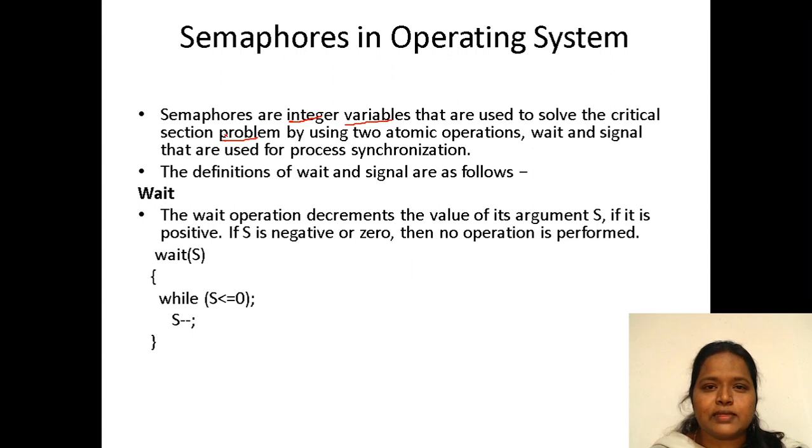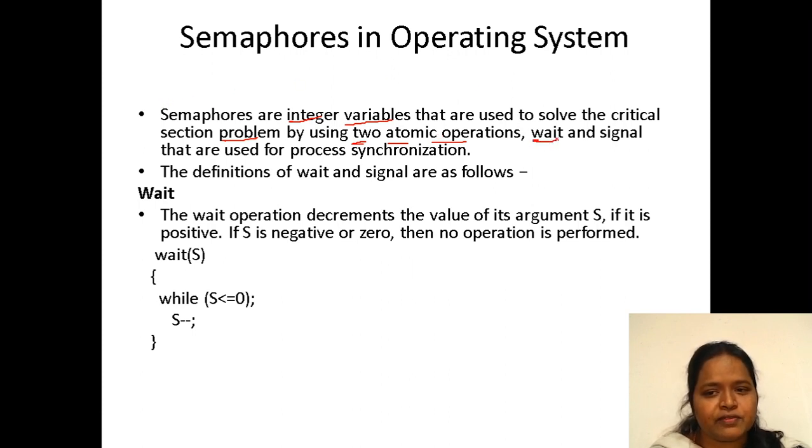What do we mean by a semaphore? A semaphore is a variable that is used to solve the critical section problem. Today we will see how the semaphore solves the critical section problem. It uses two atomic operations. So what are those two operations?